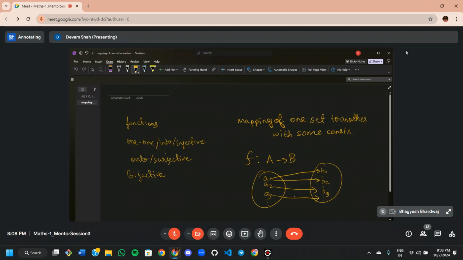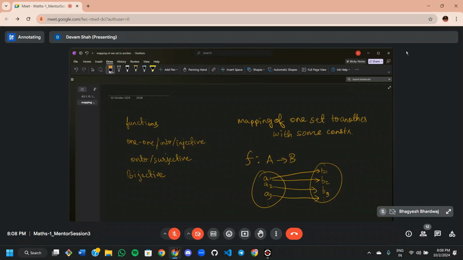Is this a function? No, sir. Why? Because the same input can't have two outputs.